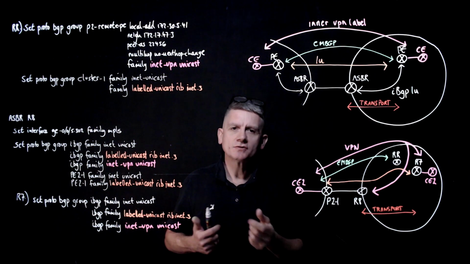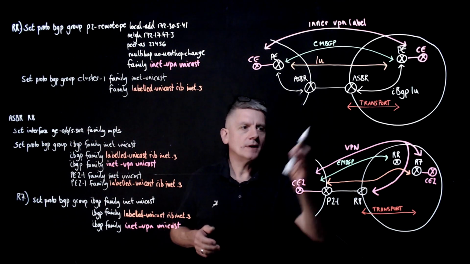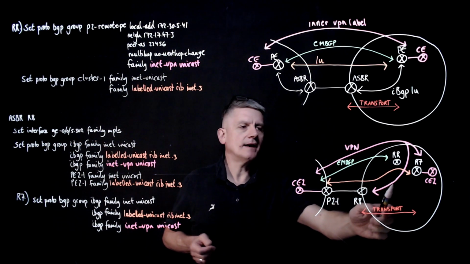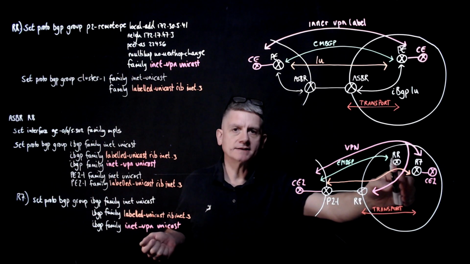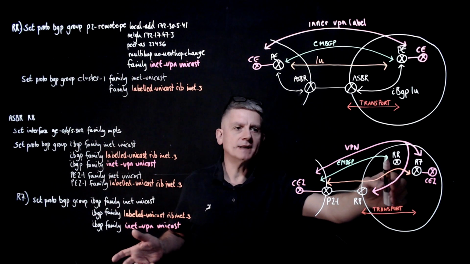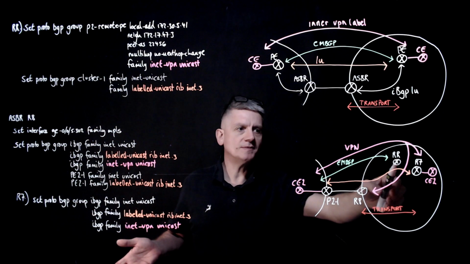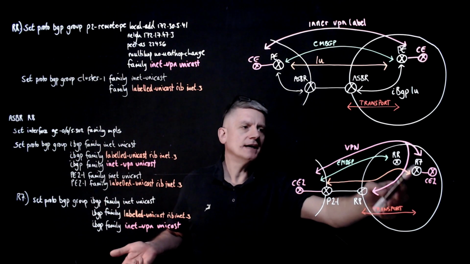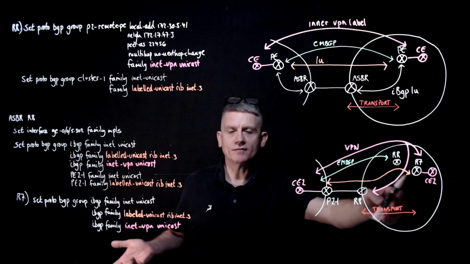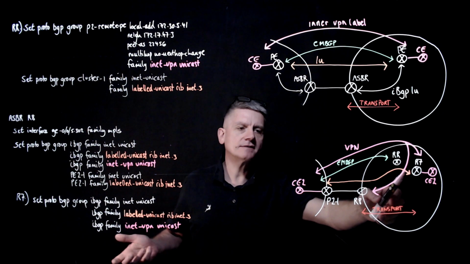All right then, so what do we have configured here? Well, in our example, as you can see below here, we've made a couple of changes. The first change is we're going to use a route reflector, because that's a really good place to terminate this multi-protocol BGP external session. It means that we just can have one session from the remote provider, and then we can share it as route reflectors do. So that's the first thing.